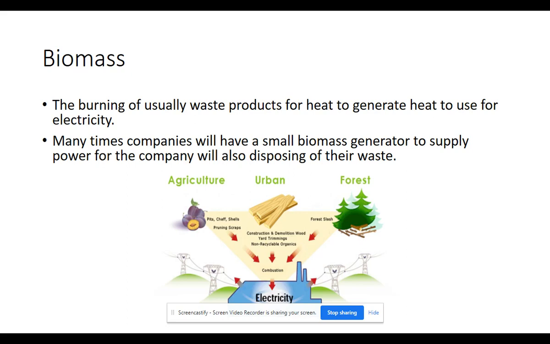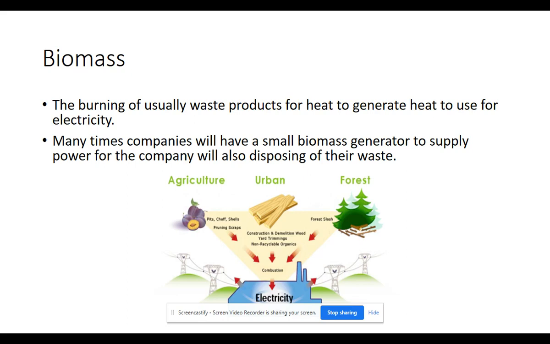But these are generally done on smaller scales that usually feed the needs of maybe that company. So it's beneficial for the surrounding area because we're not having to run our natural gas plant or our dam or something like that to power that. That energy now can be funneled towards residential. But the downside is it's generally not going out into the grid to power other people's houses. It's just usually not big enough.